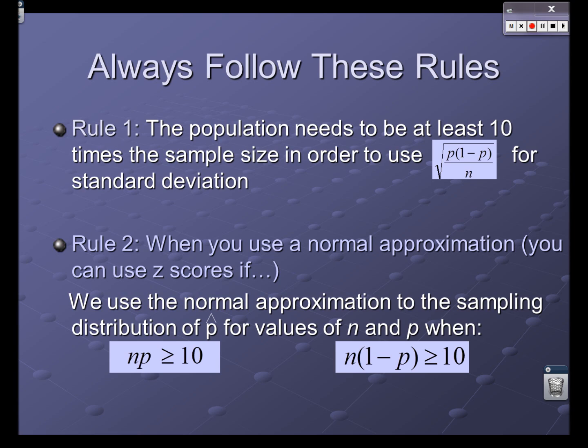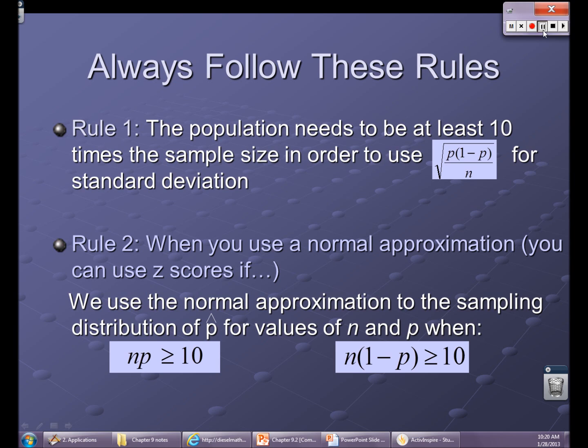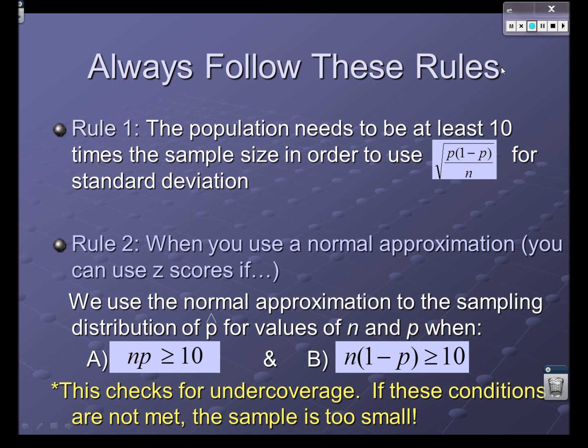What I mean by that is, if you take a sample size so large, it may as well be more advantageous to do a census. So I'm checking for undercoverage and making sure that the sample size is not too small at the same time. I want to have that sweet spot of having just the right size sample.